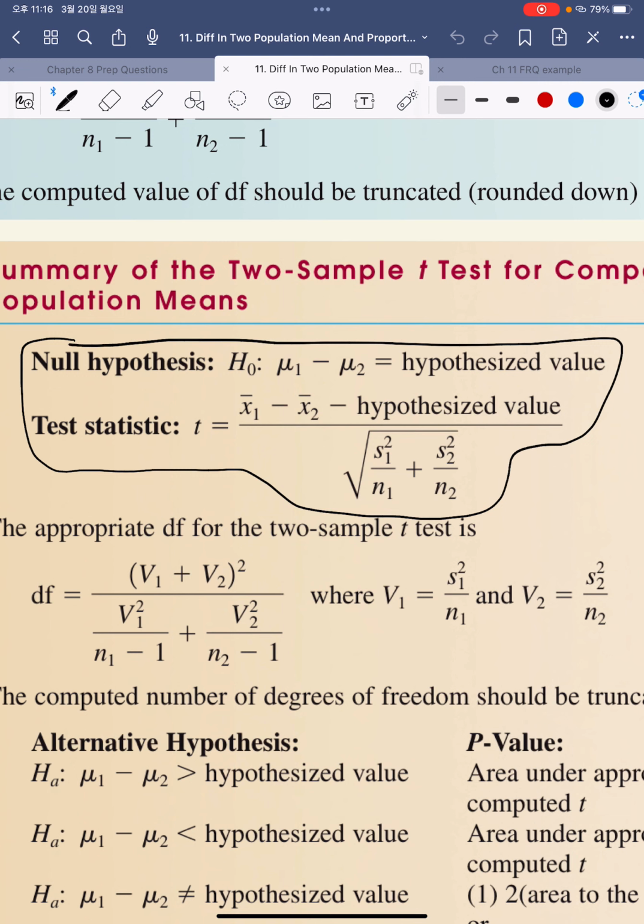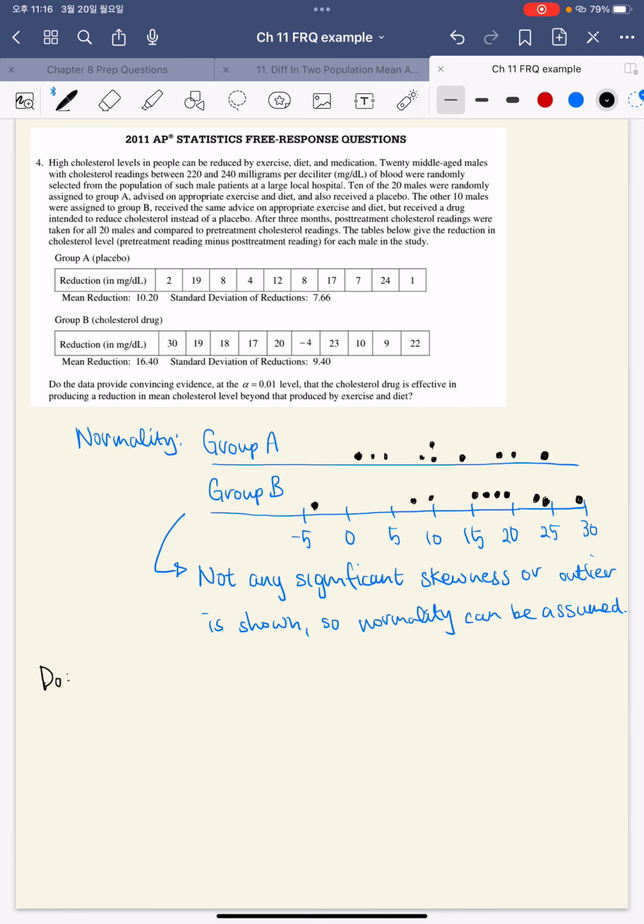It's this one. Okay. So our t-test statistic would be the mean of group A minus the mean of group B. One thing to notice here is that I'm using the x bar instead of mu A minus mu B.